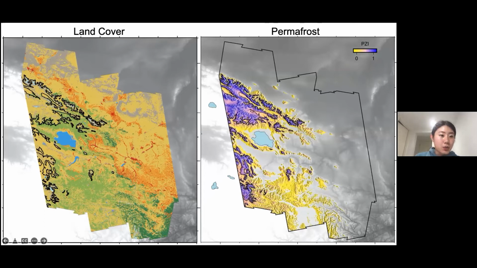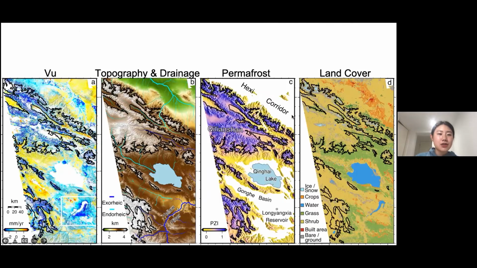We can see most of the light blue pixels, which are the classes representing snow and ice, fall within this contour line of 0.5 permafrost zonation index. If we zoom into this corner, we can see the permafrost happens at high elevations. And this is also where the blue pixels lie, which are the snow and ice.